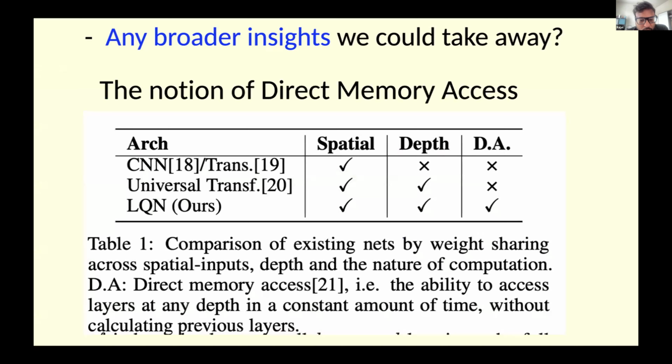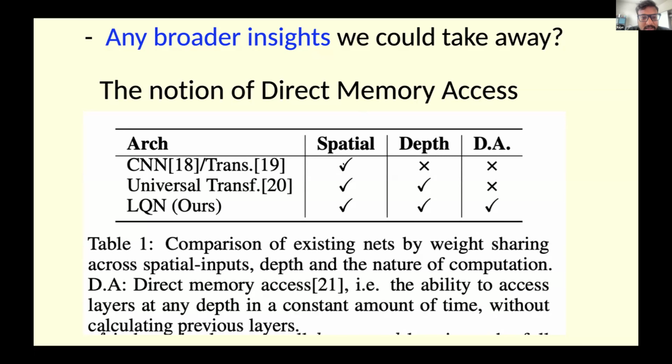What I want to do is classify all the architectures in the world into three categories, based on how they share the weights among different layers. If you see a CNN and a transformer, it shares the weights across different locations of the input. If you have an image, the same attention matrix will be looking at different parts of the image.